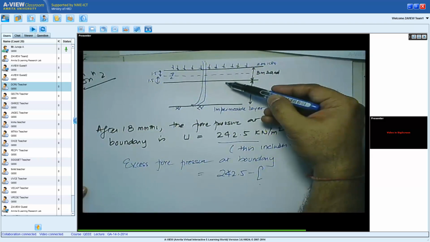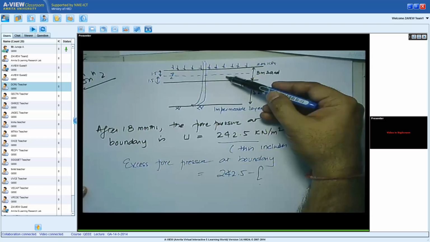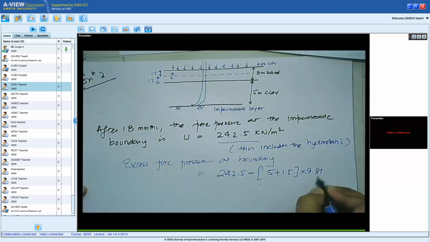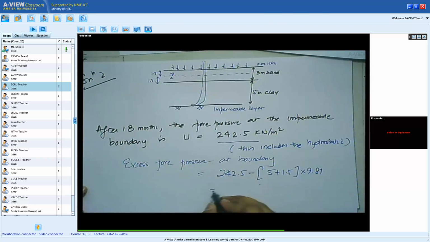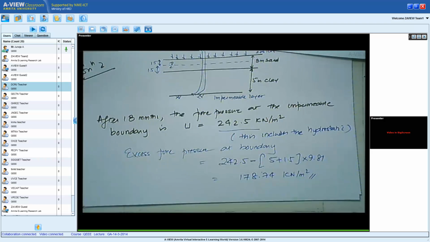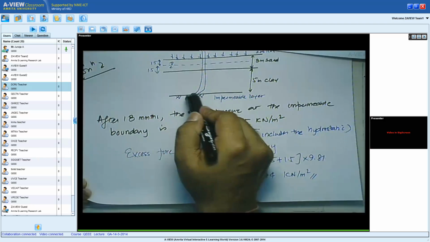Hydrostatic is 5 meters over here and 1.5 meter over there, so minus (5 plus 1.5) times 9.81. If you plug in your value, it gives you 178.74 kilonewton per meter square or kPa. This is the excess pore water pressure at this point.